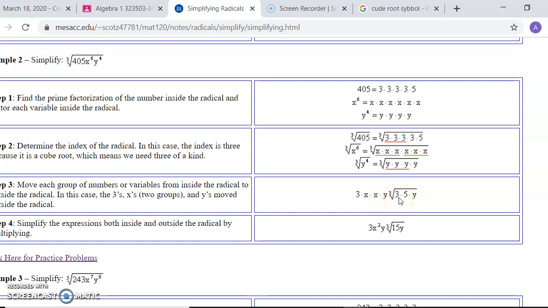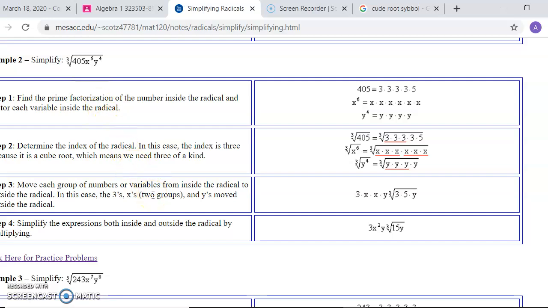So what you have here is now 3 times 5, which you got from here, times y. So 3 times 5 is 15, and you have y over here. Here you have 3, and so you bring this down here. x times x is x squared, and then you have y that's over here. So you have 3x squared y times the cube root of 15y. So this is the simplified version of this cube root.